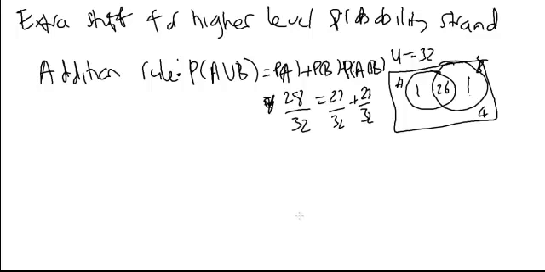But that's why we have minus the probability of A intersection B, and A intersection B is 26, so minus 26 over 32. So 27 over 32 minus 26 over 32 is 1 over 32. Add that to 27 over 32 and you get 28 over 32. So then, the things add up.